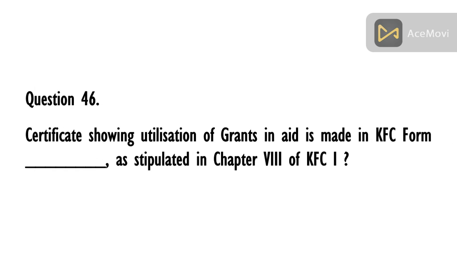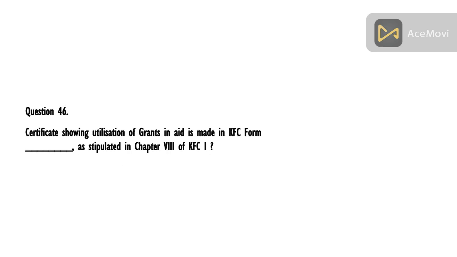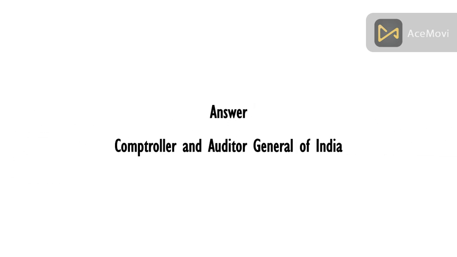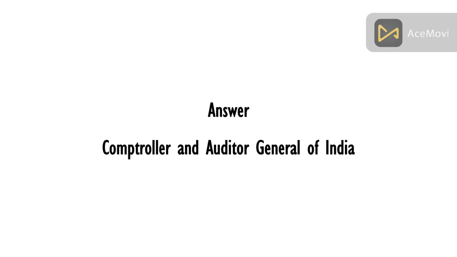Certificate showing utilization of grants in aid is made in KFC form as stipulated in Chapter 8 of KFC 1. Answer: 44. Question 47. Derives the powers and duties in relation to accounts of the Union and of the states from Article 149 and 150 of Constitution of India. Answer: Comptroller and Auditor General of India.